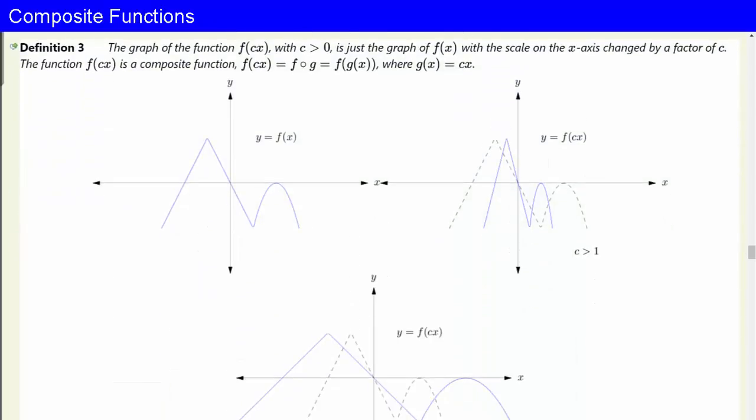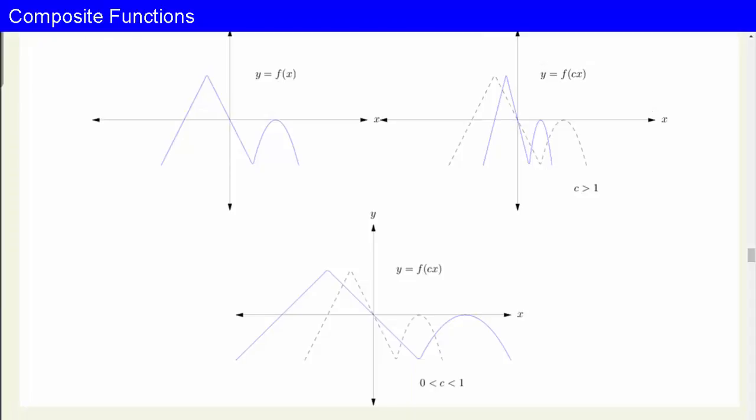In general, the graph of the function f of cx with c positive is just the graph of f of x, with the scale on the x-axis changed by a factor of c. The function f of cx is again a composite function. F of cx is f composed with g, or f of g of x, where g of x is c times x.